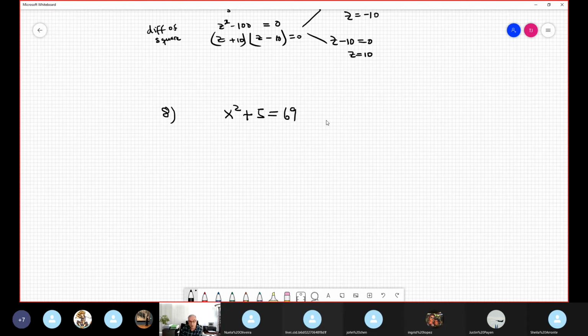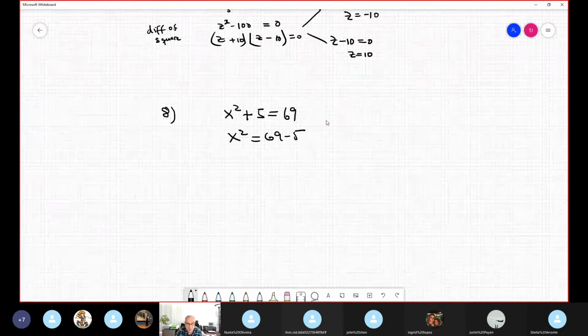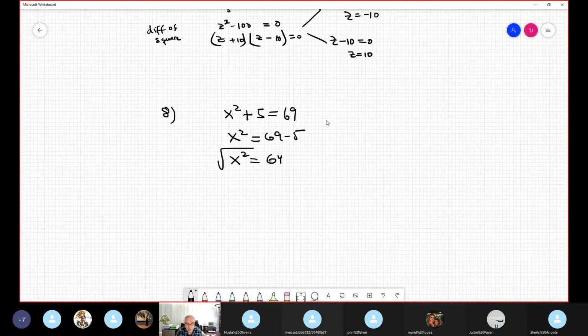Who is C? Well, I have no idea. Maybe it's negative 64, because you move 5 to the other side: 69 minus 5 is 64. Now apply the square root to both sides. x alone is equal to plus or minus 8. And that's the answer.